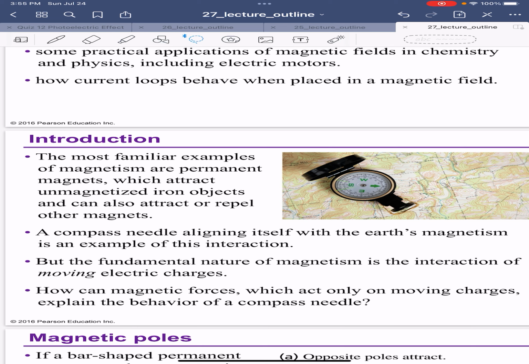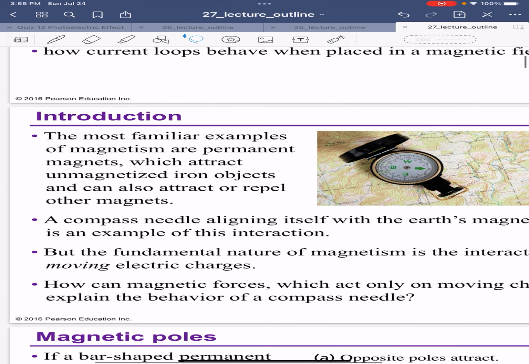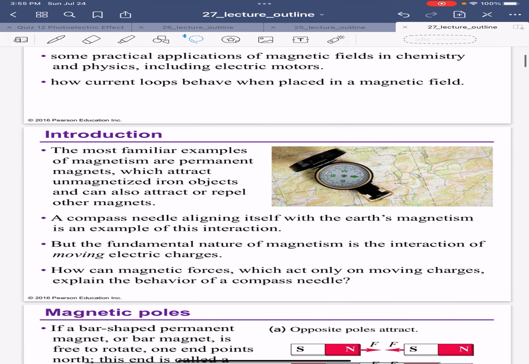And we know that there are magnets that attract or repel each other. Also, maybe we use compasses for finding directions, and this is an interaction between the compass itself and the magnetic field of the earth.